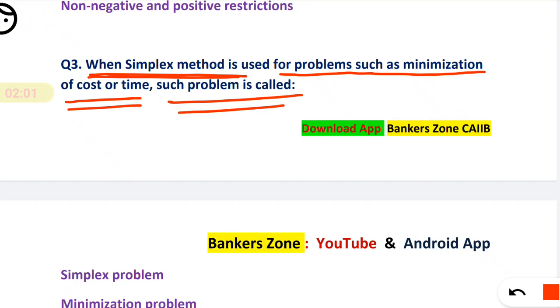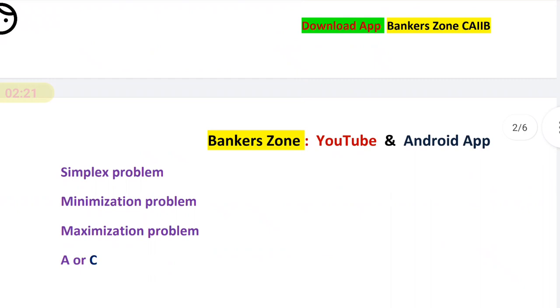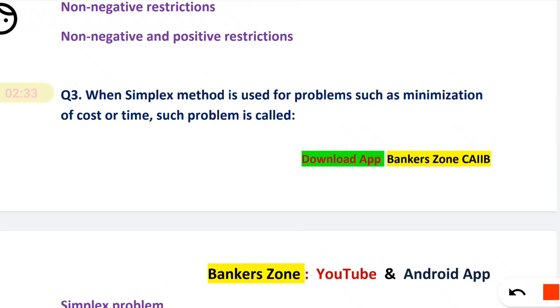The options are: simplex problem, minimization problem, maximization problem, A or C. So the correct option here will be minimization problem. Okay, in the question itself the answer is there. Here we are minimizing cost or time, so we call that problem the minimization problem. Simple.